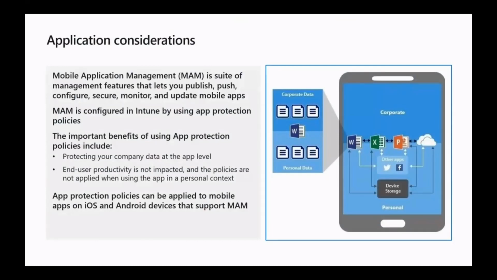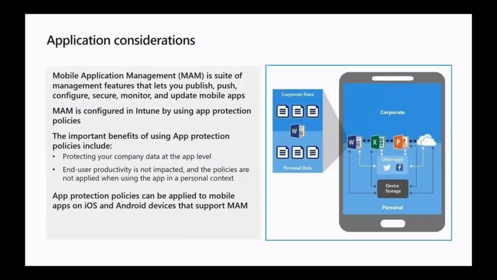MAM is configured using Intune by using app protection policies. The important benefits of using app protection policies include, but are not limited to, protecting your company data at the application level. Also, end user productivity is not impacted, which is very important, and the policies are not applied when using the application in a personal context.